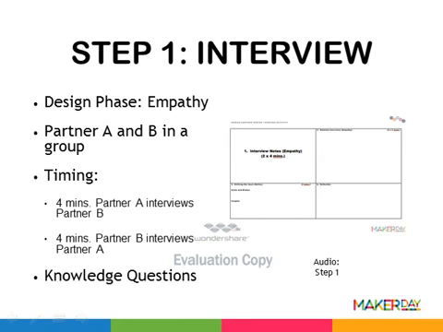Step 1 in the design thinking process. On the tables, there should be 1 design challenge for every 2 participants at the table, and there should be 1 design thinking activity sheet for each participant at the table. So if you have a group of 4, you should have 2 design challenges and 4 design thinking activity sheets.